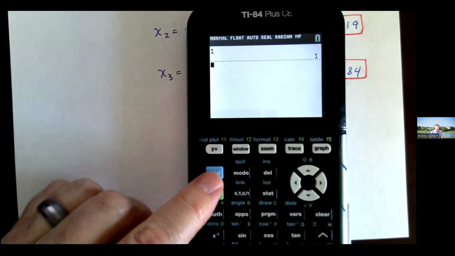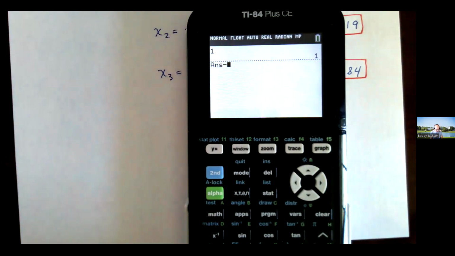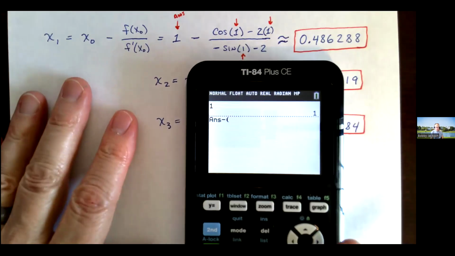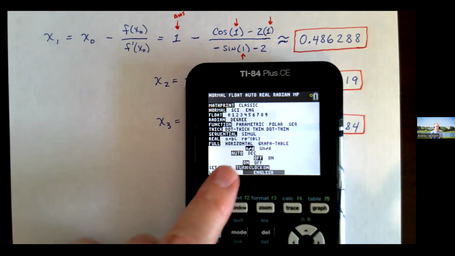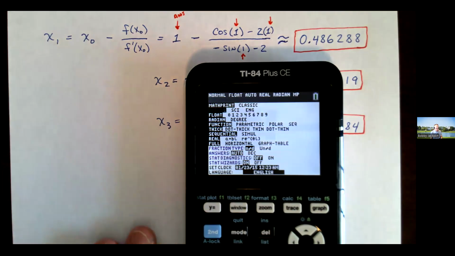And so I do second answer, right? Minus, and then I need to put in parentheses the evaluation of the function f at answer. By the way, a quick check: we're doing the trig function, so you should check your mode here and make sure you are in radian mode. If you're in degree mode, you're going to get an incorrect result.